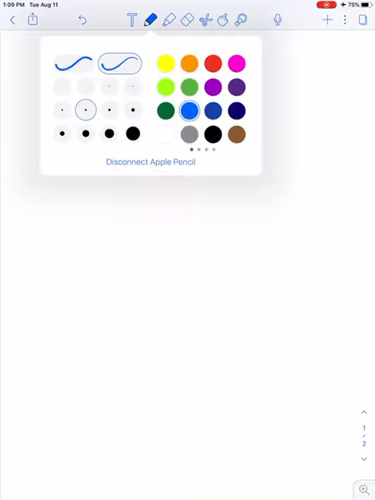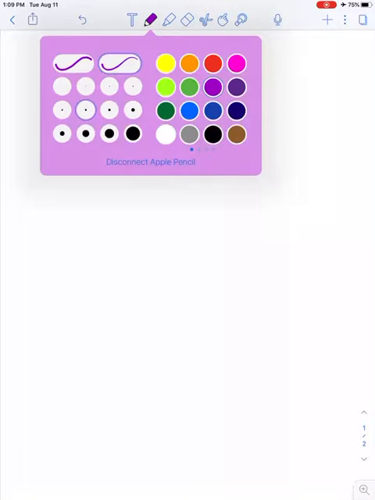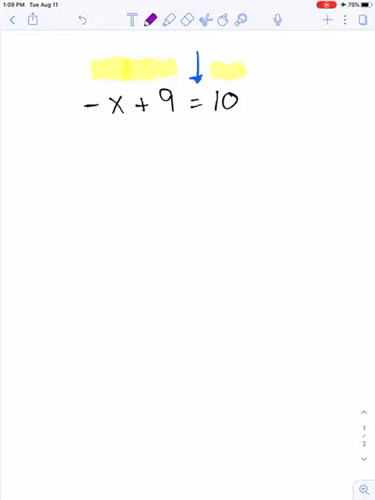All right, so let's talk about some strategies of what we're going to do. First off, we're going to be focused on trying to solve for x. Really, the strategy is that we are isolating the variable.